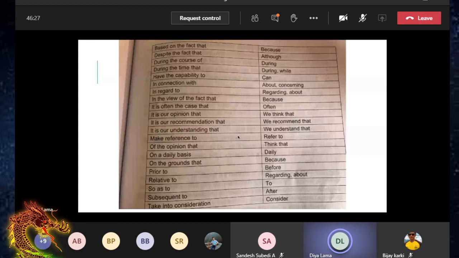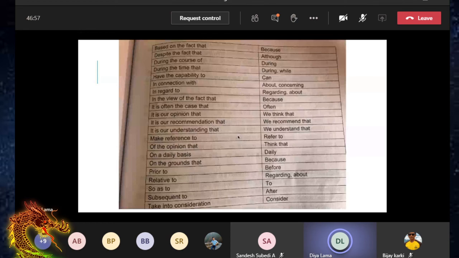During the course of, instead just write during. During the time that, instead just write during or while. Have the capability to, instead just can. In connection with, instead about or concerning. In regards to, instead just regarding. In view of the fact that, instead because.